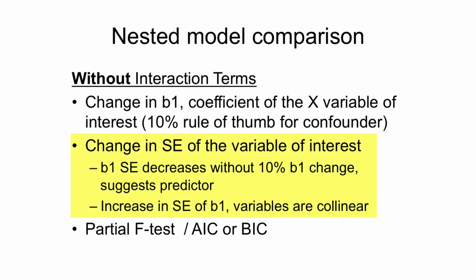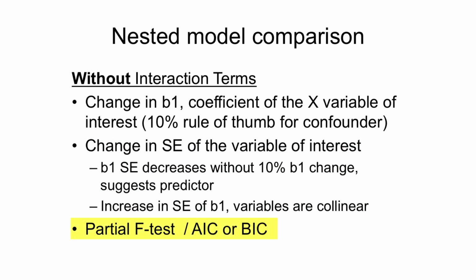We should also look at the change in the standard error for beta 1 when we add a variable to the model. If the standard error decreases without a 10% change in beta 1, this suggests the variable is a predictor. A large increase in the standard error suggests that the new variable is collinear with your primary explanatory variable.